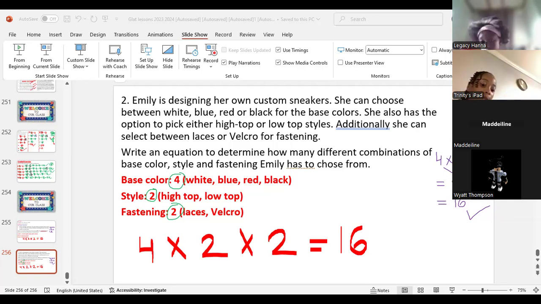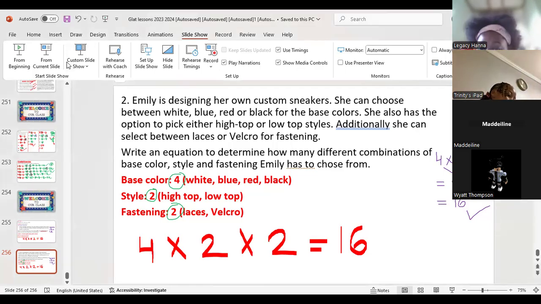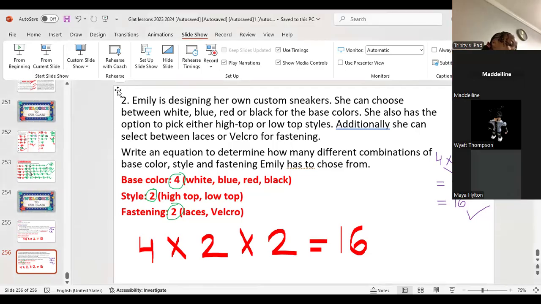Okay, so let's do the grade exercise. I think we're ready for the grade exercise, right? I'm about to send it, Mr. Petit. Let me put this inside the chat. And then I'll let y'all do the grade exercise based off of this.